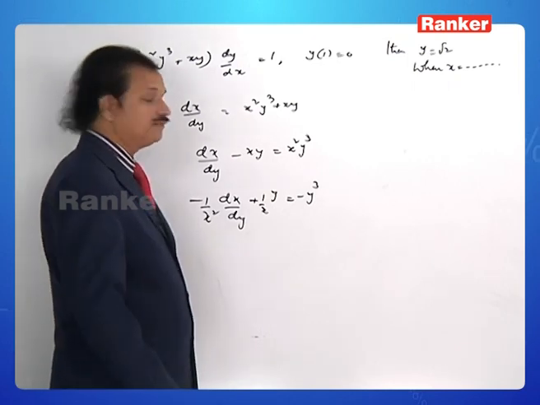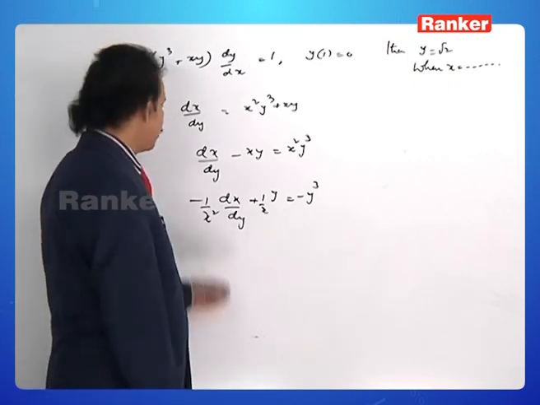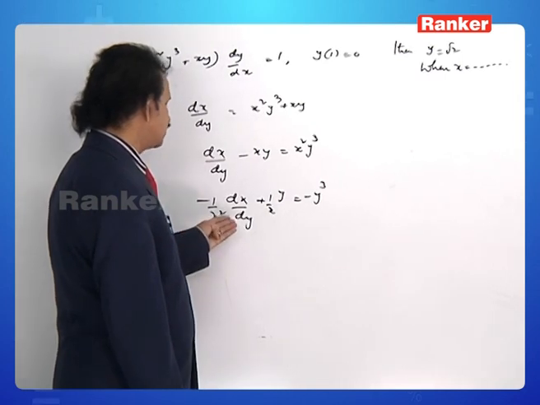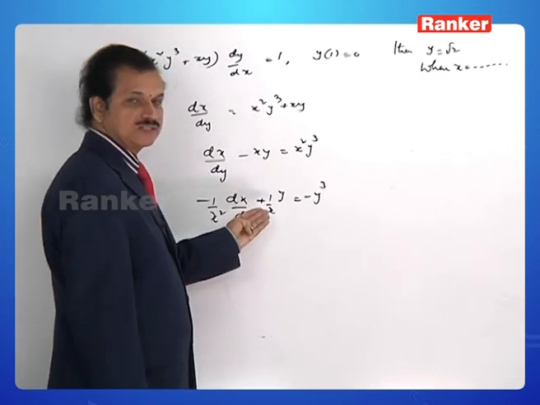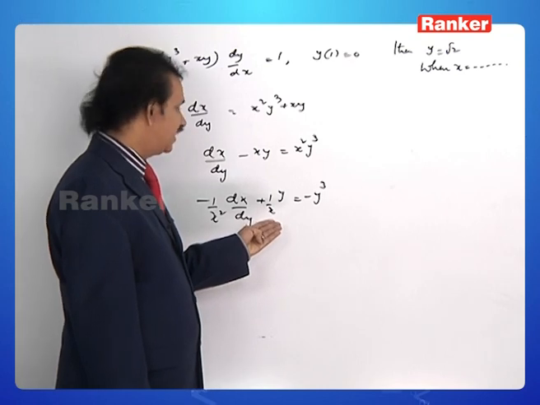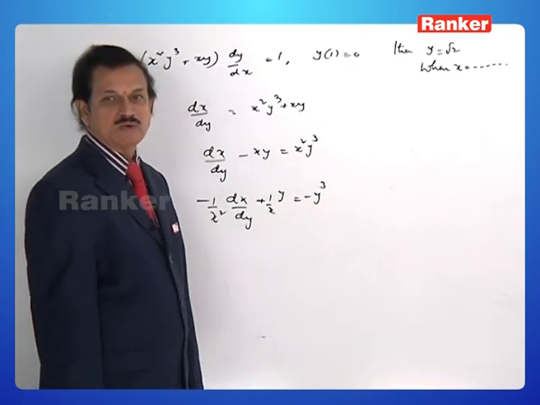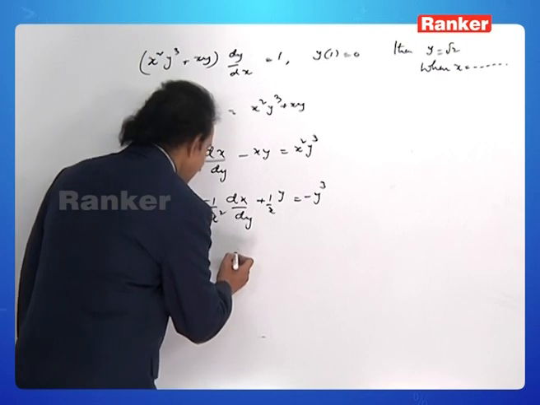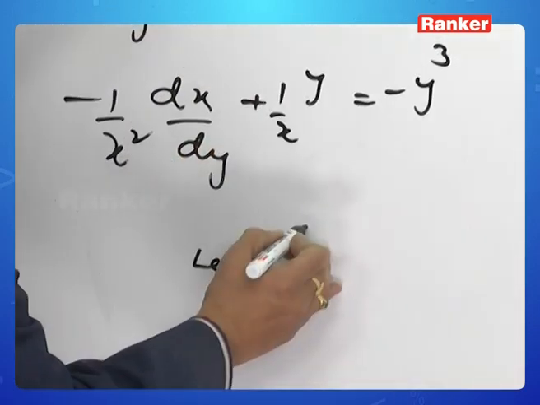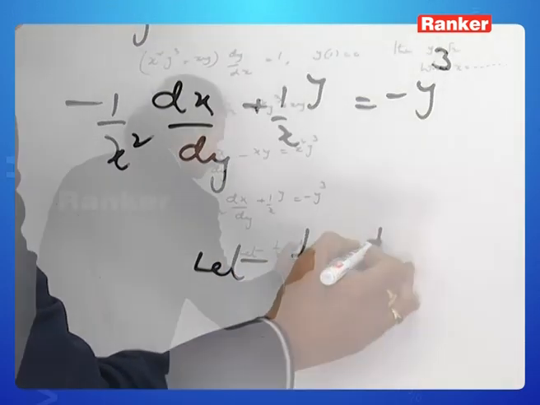I could have divided with minus x square. Minus 1 by x square into dx by dy plus, minus x by minus x square is nothing but plus 1 by x into y is equal to minus y cube. Come on, here I would like to take 1 by x is equal to t.